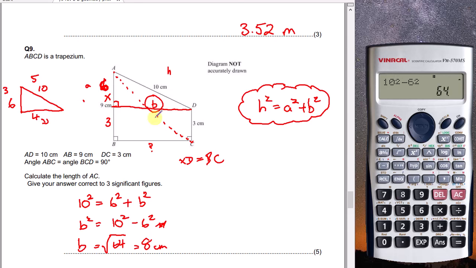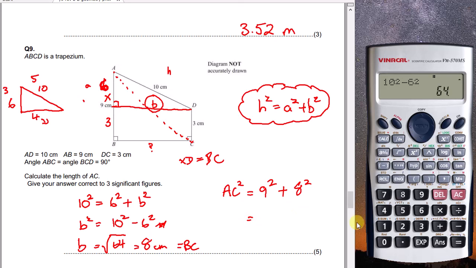So we now know B, which means we now know BC. Because we know BC, we can now do Pythagoras to find the length AC. AC is my hypotenuse, so AC squared is equal to AB, which is 9, plus BC, which is 8.